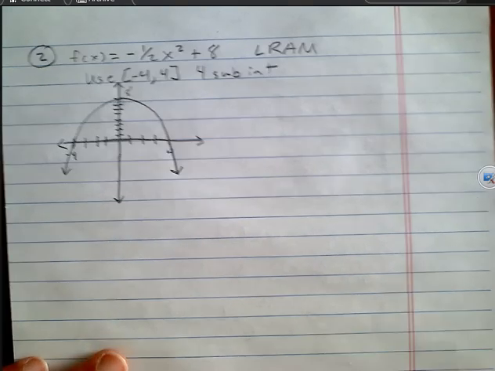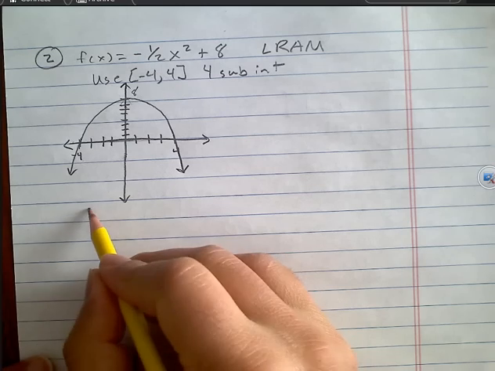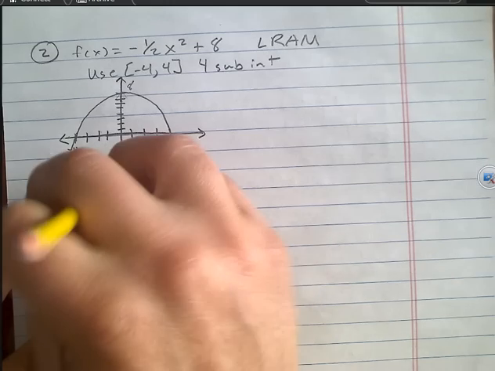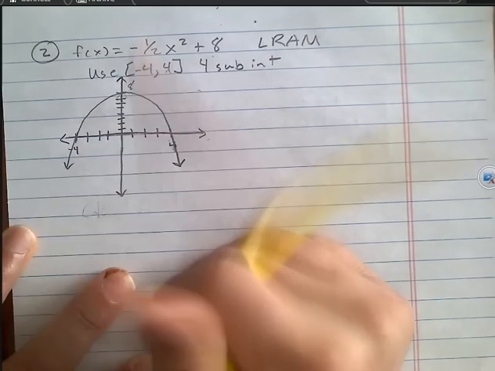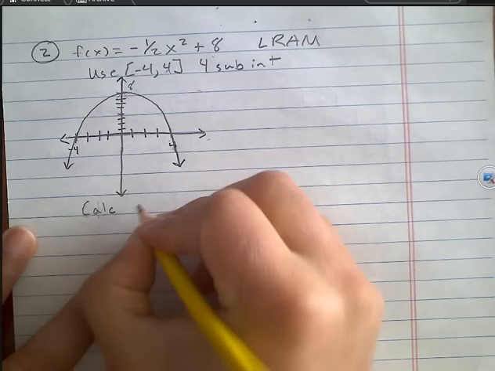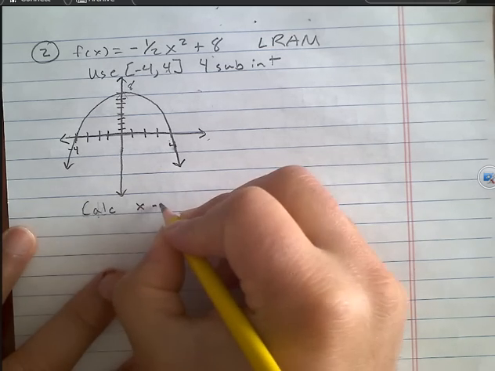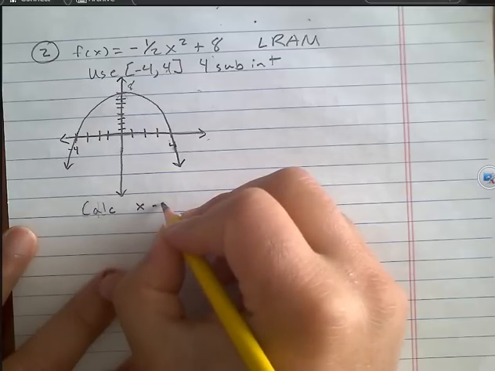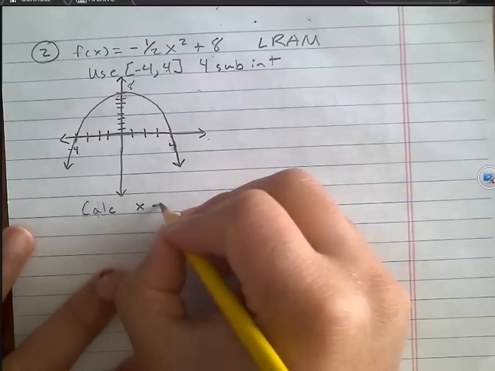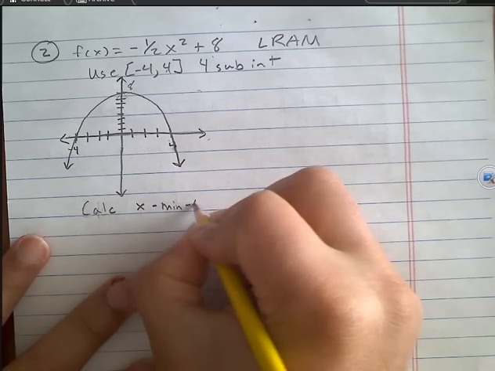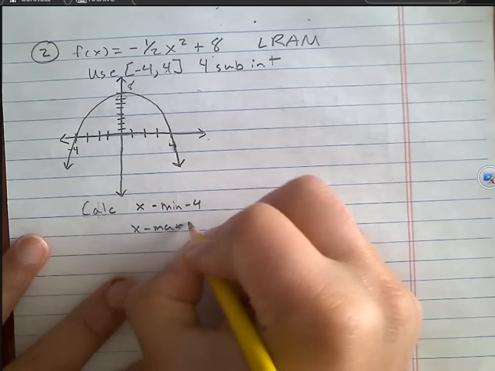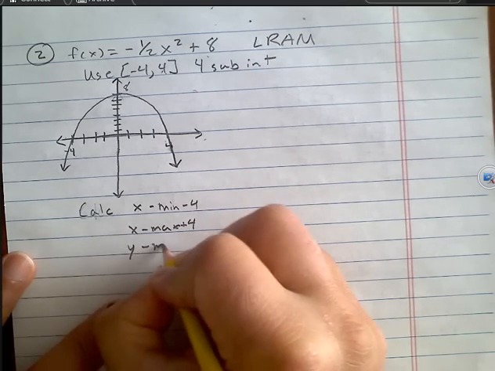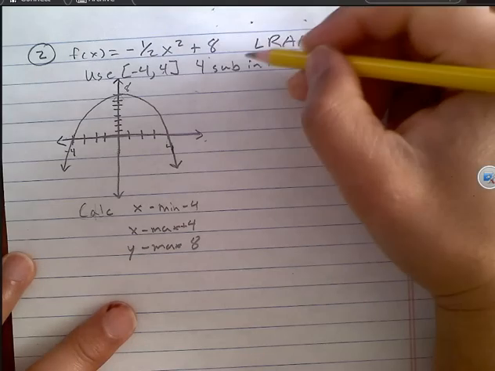And if you go to your graphing calculator, I don't have mine on hand, but you can go to dimensions or graphing properties, and you can set your x min to negative 4, x max to positive 4, and your y max to 8, because you know the y-intercept's 8 based on the function.